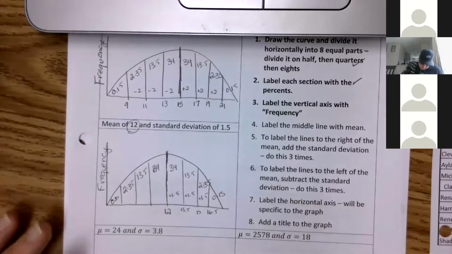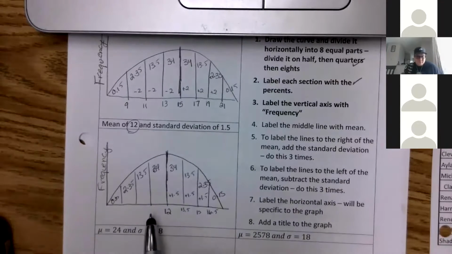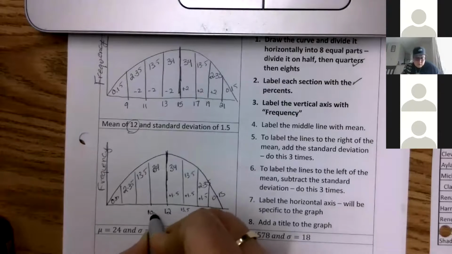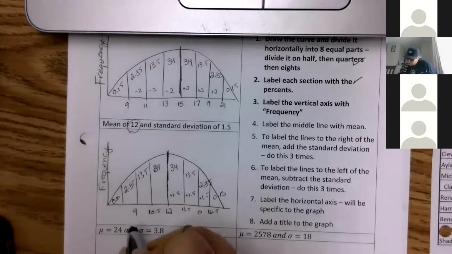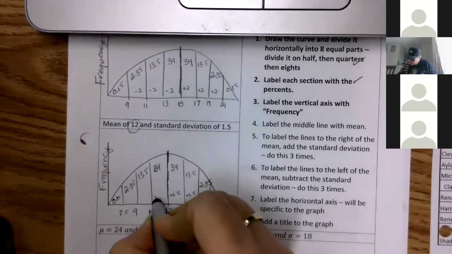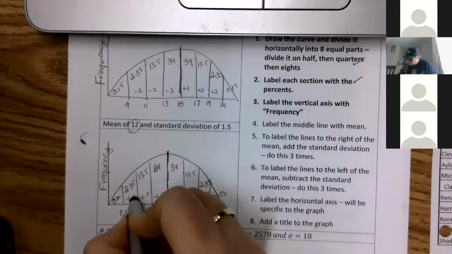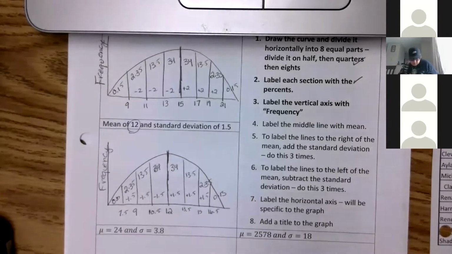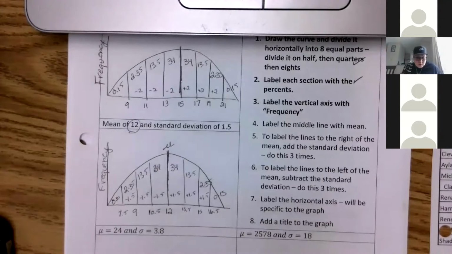You guys yell at me if I screw that up. 12 minus 1.5 is going to be 11, 10.5. Minus 1 is 9.5, would be 9. And minus 1.5 would be 8, 7.5. You don't need to do that, but I tend to put that mu in the middle just to remind myself what's going on.